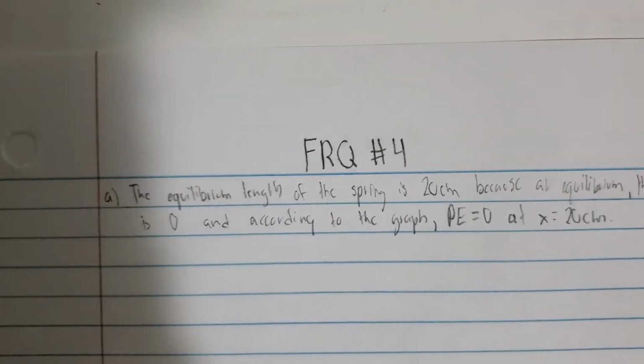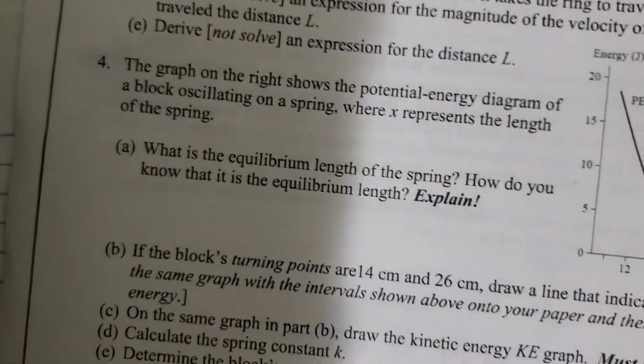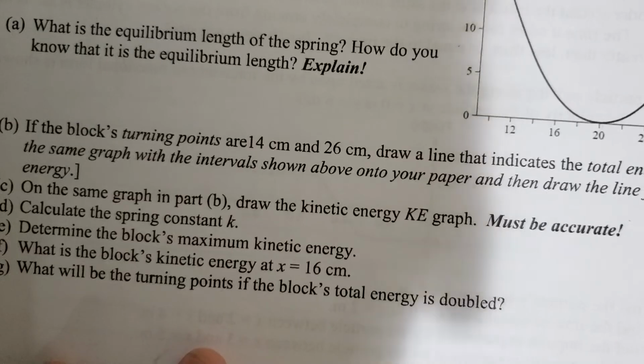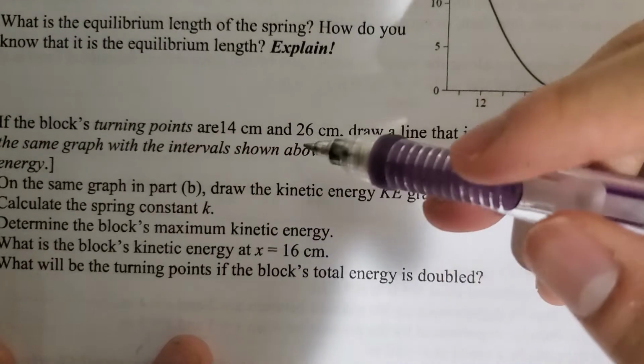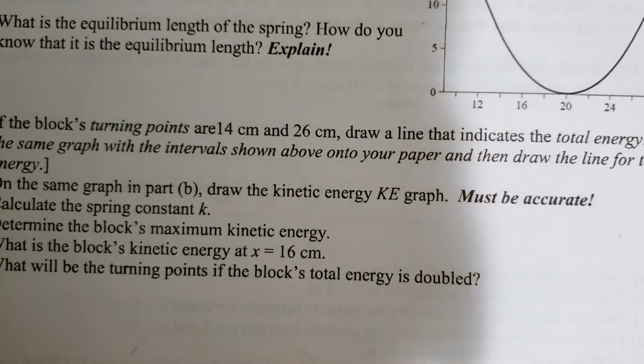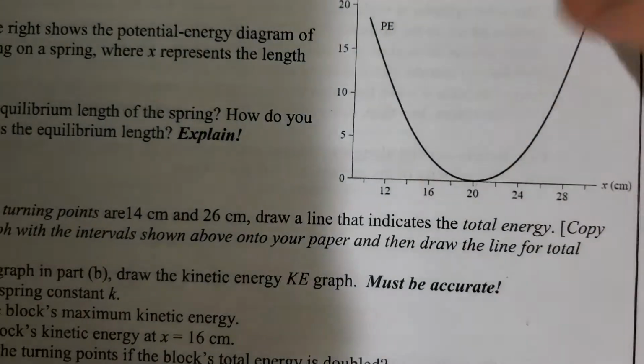That's my answer. Okay, part B asks us if the block's turning points are 14 centimeters and 26 centimeters, draw a line that indicates the total energy. And so it wants us to copy the graph onto our paper.